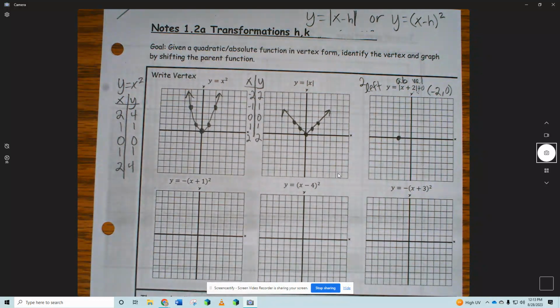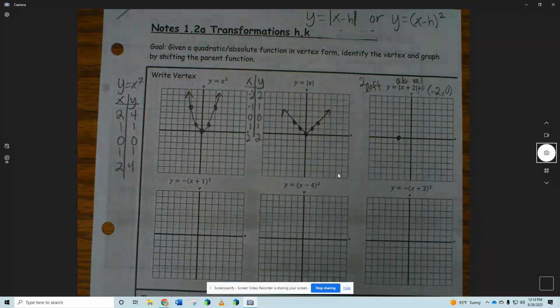This is absolute value. It's V-shaped. You have to look each time. Is it a quadratic, curvy U, X squared? Or is it an absolute value, V-shaped with straight lines? So if that's where I begin, then I do my parent function movements over 1, up 1, over 2, up 2. I'm not going to make a table of values every time for this. We're memorizing the movements.